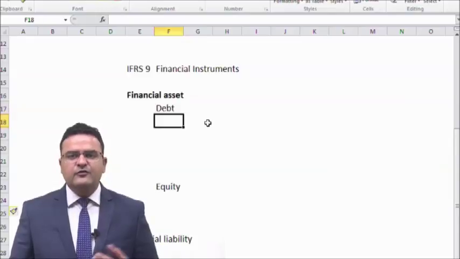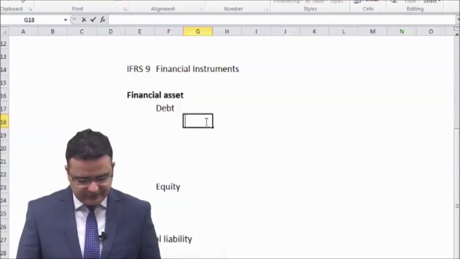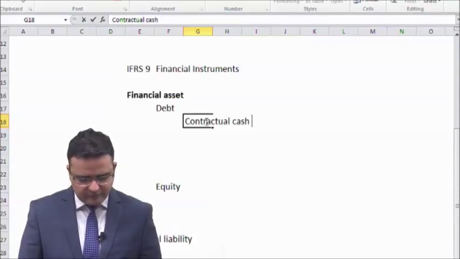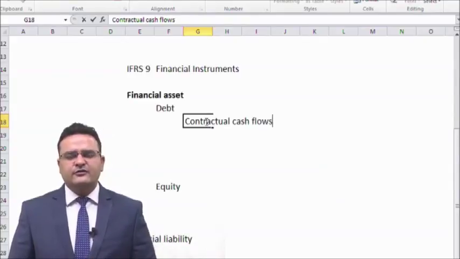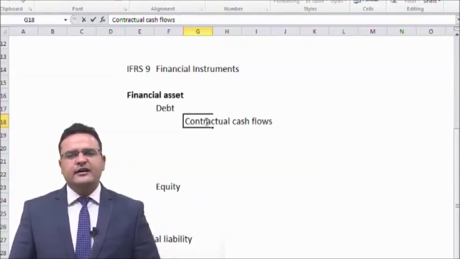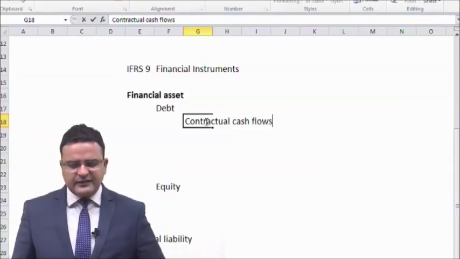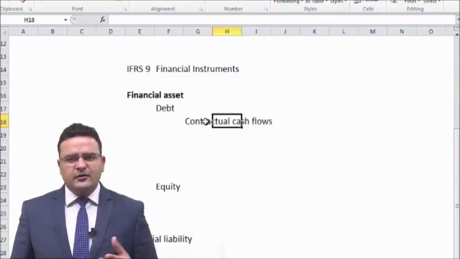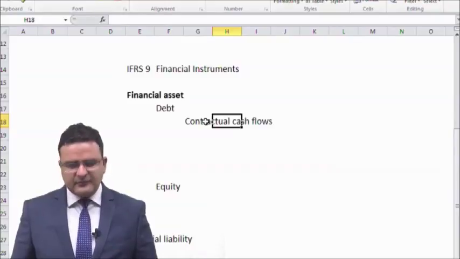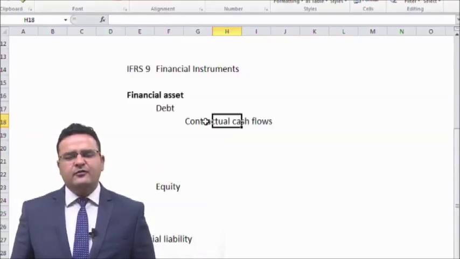Now, this debt we will further see whether it has contractual cash flows, and whether we can know the future contractual cash flows and the effective interest rate applicable on it. If this is the case, if they are financial assets which are held to maturity, which we are going to hold for a period covering the maturity period, and we have the intention of solely receiving payments of principal and interest, then it meets the SPPI category.